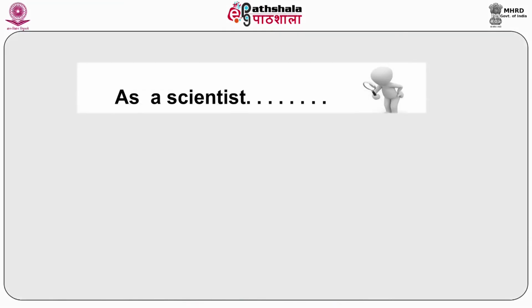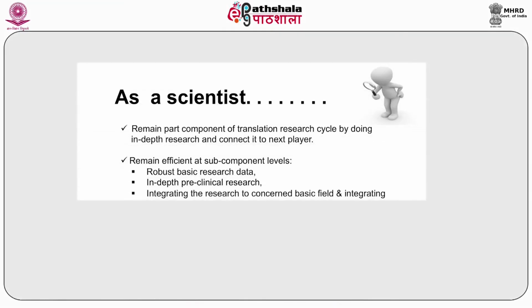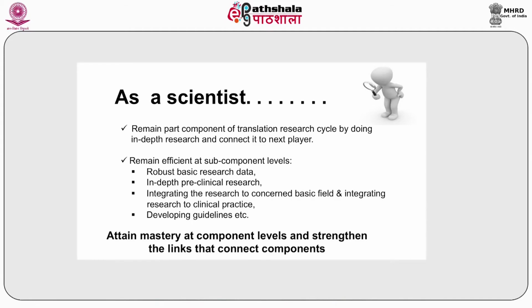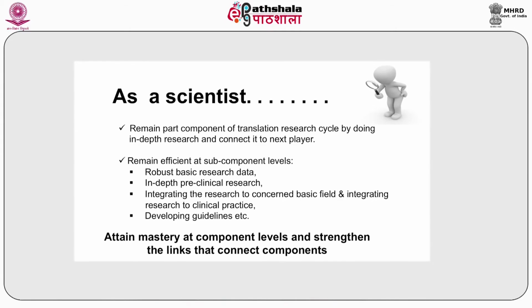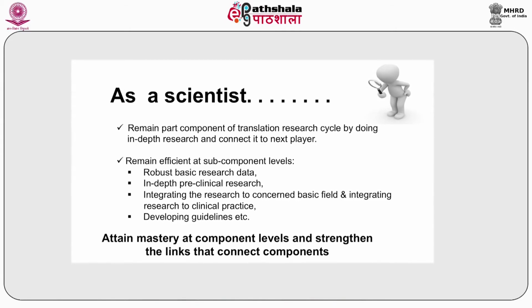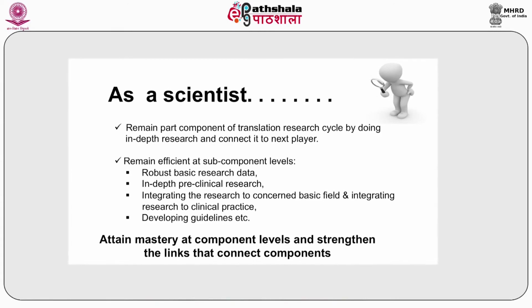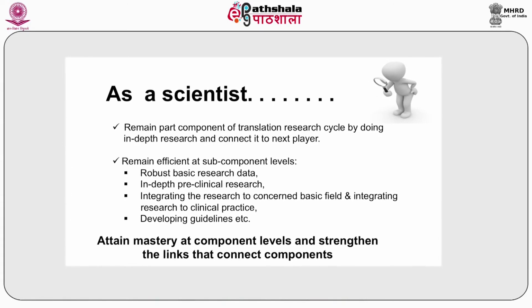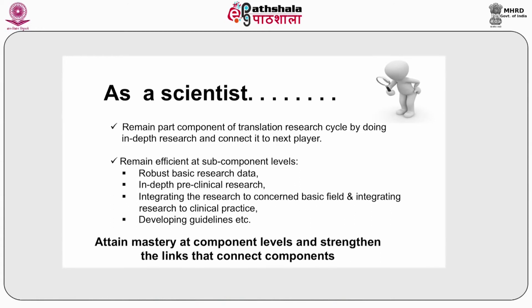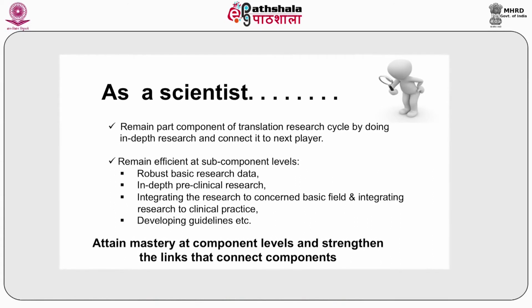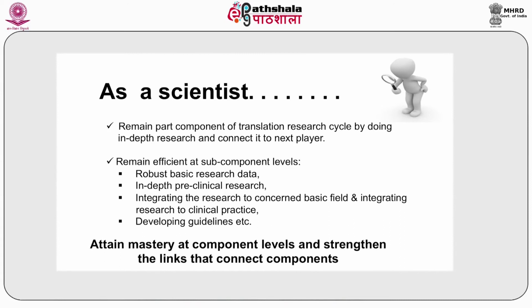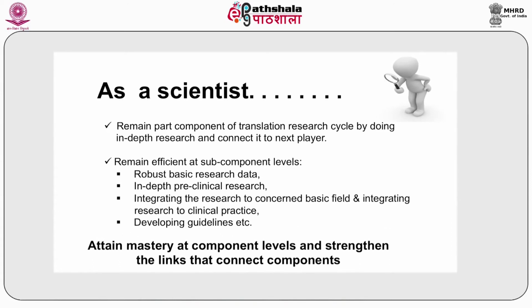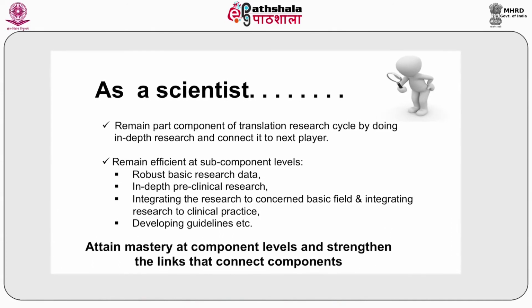As a scientist, you should perform your fundamental duties towards science. To achieve this, you should remain a component of the translational research cycle by doing in-depth research and connect the same to the next player. You should remain efficient at the sub-component level.